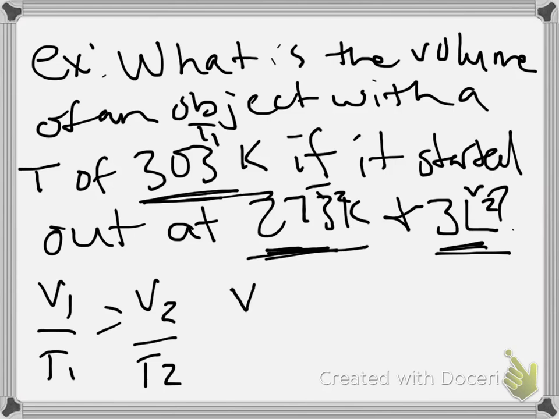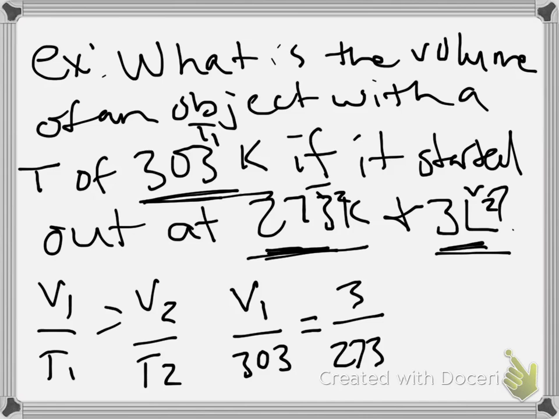So we're going to do V1 over 303 equals 3 over 273. And then we're going to cross multiply this. So 273 times V1 is 273 V1. 3 times 303 is, let me go to my calculator, 909.